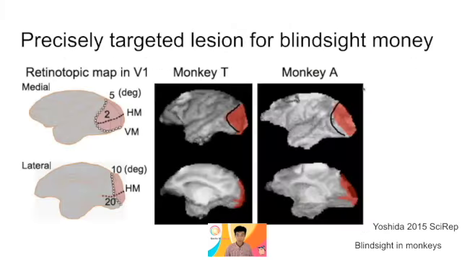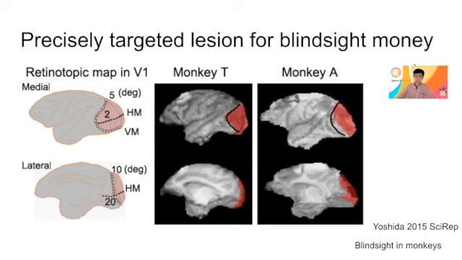Now, more modern blindsight monkey research has been done, and here they used lesions of the monkey. Without sacrificing the monkey, they could now image, using neuroimaging, exactly which part of the monkey's brain was lesioned.